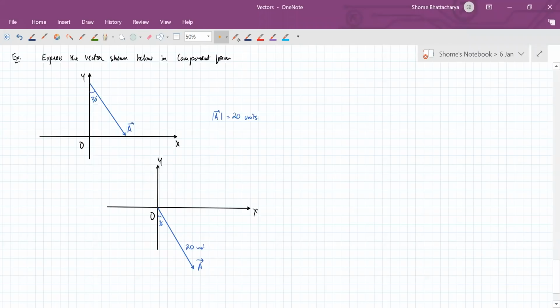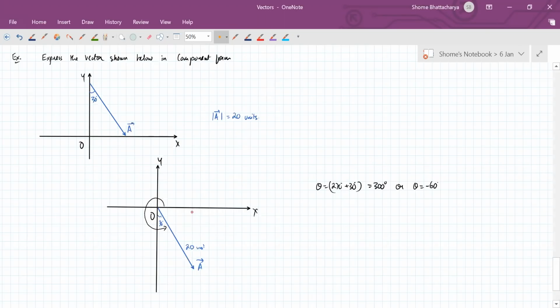So now we can see the angle that this vector makes with the x-axis, that is this angle. So theta is actually equal to 270 plus 30 degrees, that is 300 degrees. Or we can also express theta as minus 60 degrees. And similarly, now when we draw perpendiculars on the x and y axis, we can understand the components of the vector.